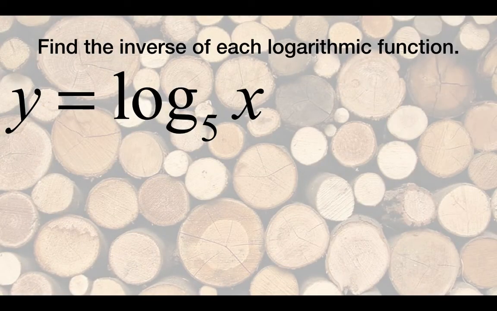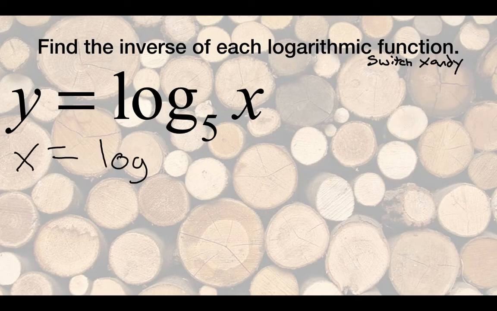All right, now let's find the inverse of each logarithmic function. So, to find the inverse, what we have to remember is, in the inverse, we switch x and y. So this becomes x equals log base 5 of y.